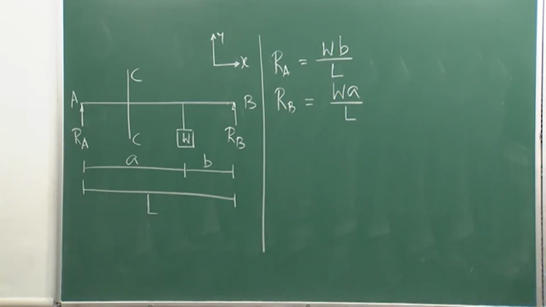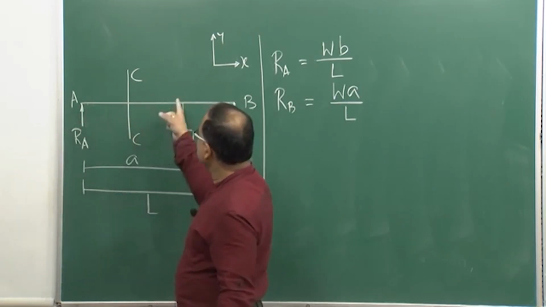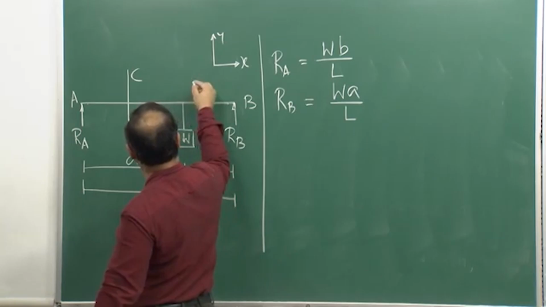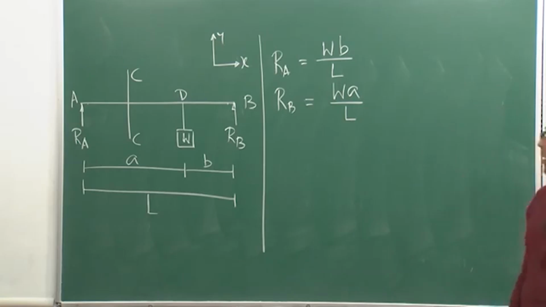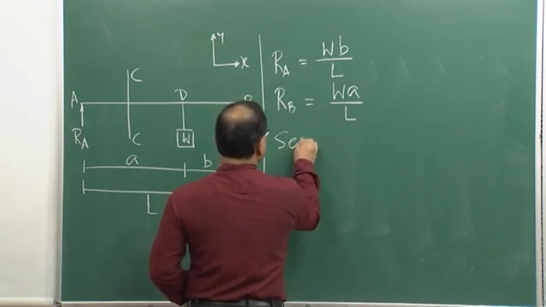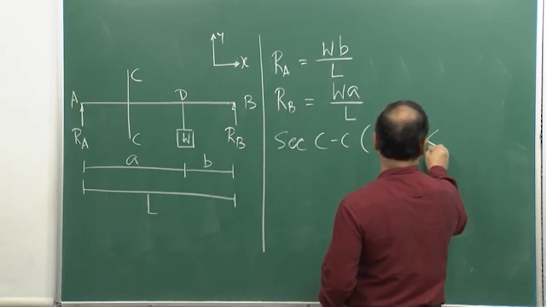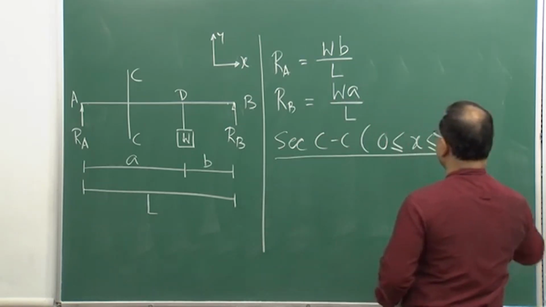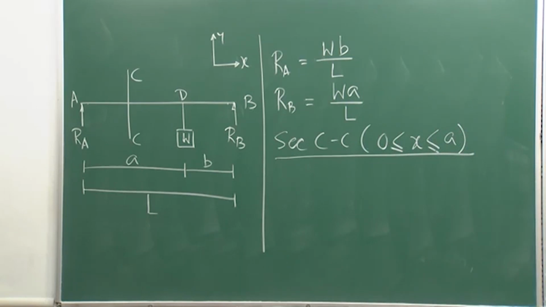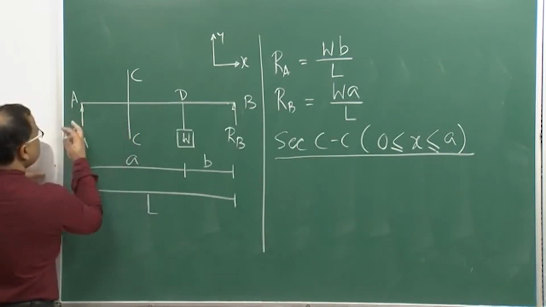Now, as I told you, I am considering one section CC in such a way that it lies between A and this point, say point D. I am considering the section at a distance C greater than 0 and less than A. Once I draw the section, I want to draw the free body diagram of the left side of the section.